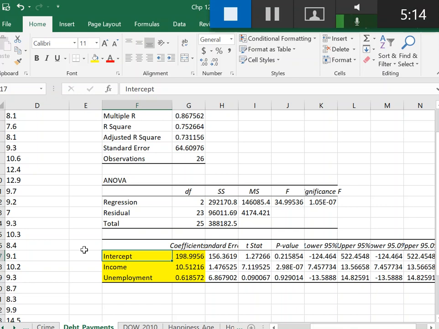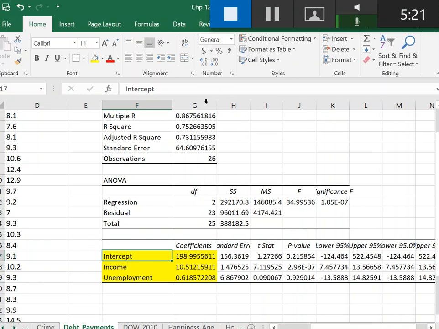So the income slope, if you will, which is really a coefficient, is 10.51. So it's a little smaller, a little different than it was when we just used ordinary least squares regression. The way that we could interpret this would be to say, if unemployment was held constant, a $1,000 increase in income would result in a $10.51 increase in debt payments.